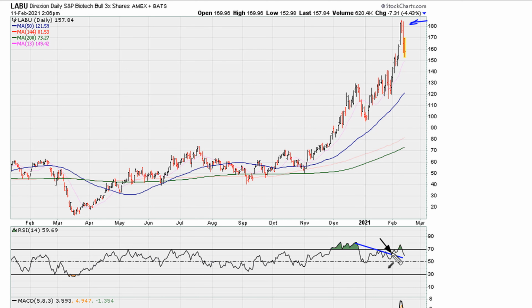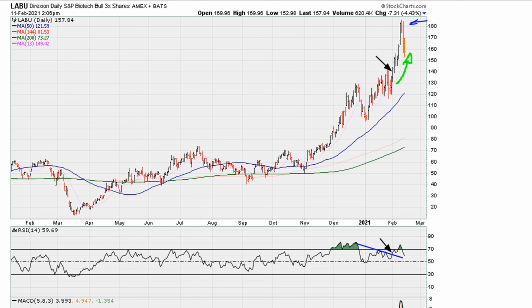So from this example, it's a good way of understanding what happens when a market clears a divergence line. What you get is the exact opposite reaction. Instead of a sell signal, the market has taken out the resistance line on the RSI, and now you get a swing trade to the upside.